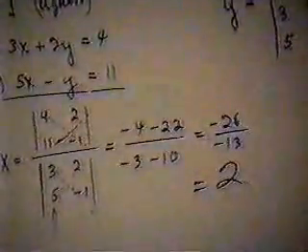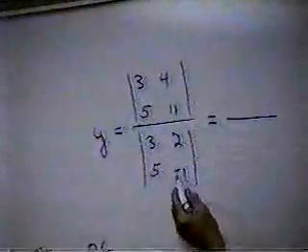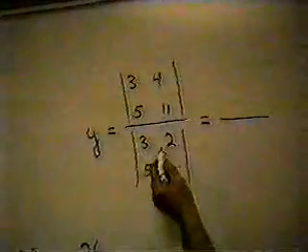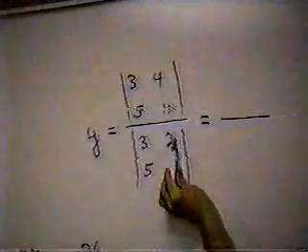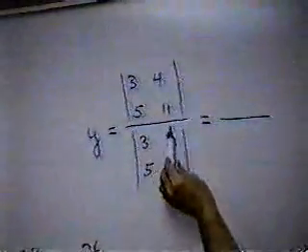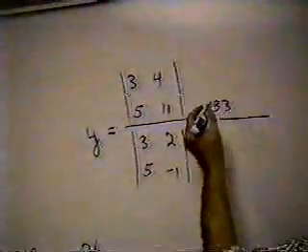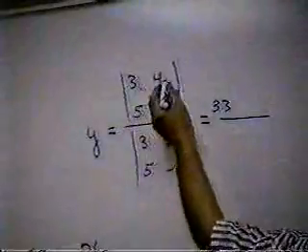All right, let's do y. We write the denominator down, coefficient x's, coefficient y's. We replace the y column with the constants, 4 and 11. So multiplying down, we get 33. Multiplying up, we get a positive 20.